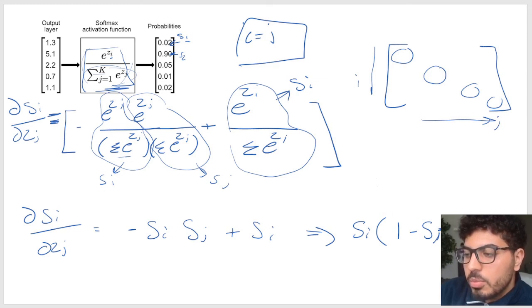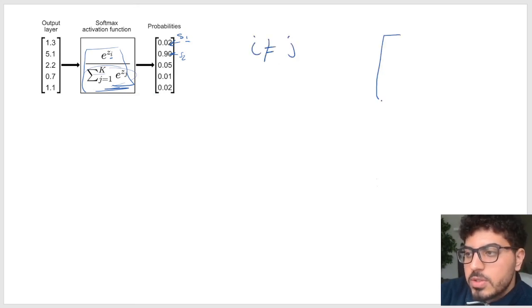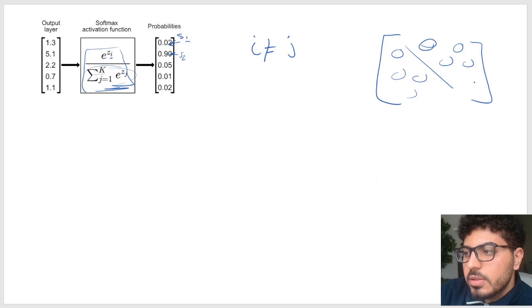So this is in the case when i is equal to j, which is the diagonals. Let's take the other case, which in my opinion is the simpler case, when i is not equal to j, which means we are calculating all the elements outside the diagonal.